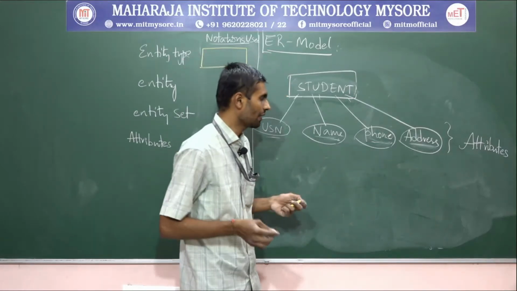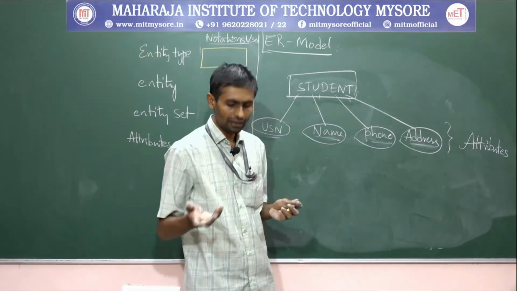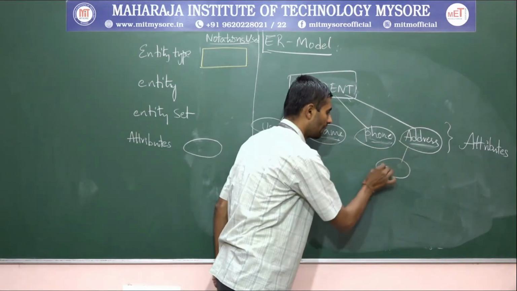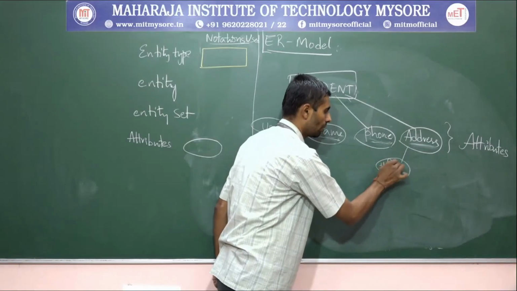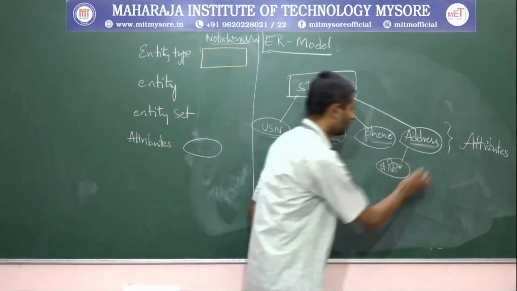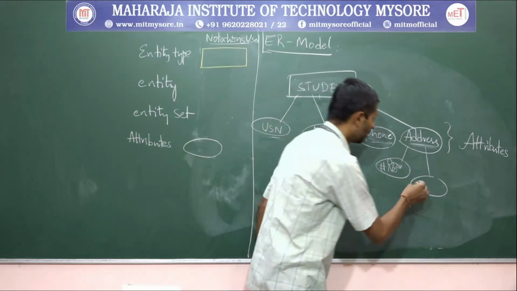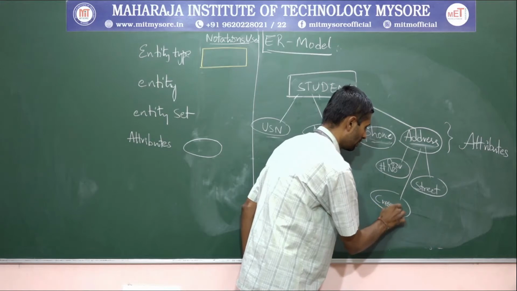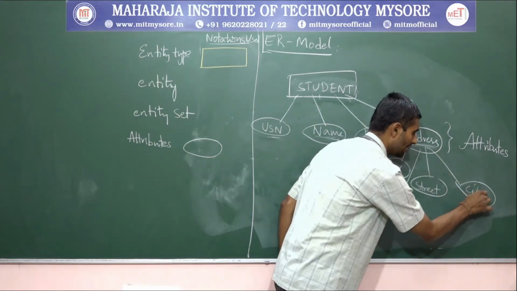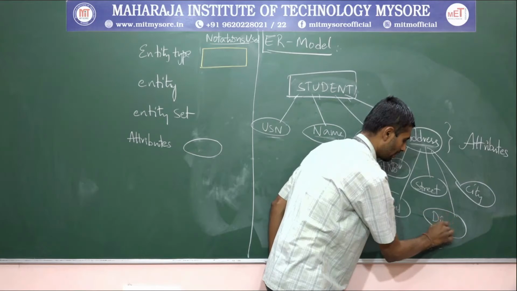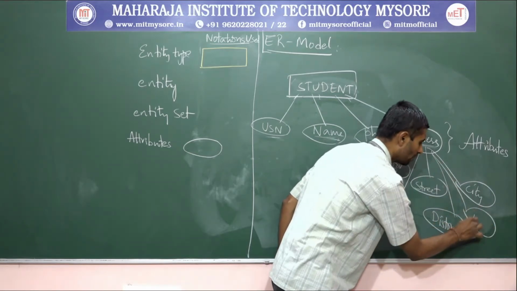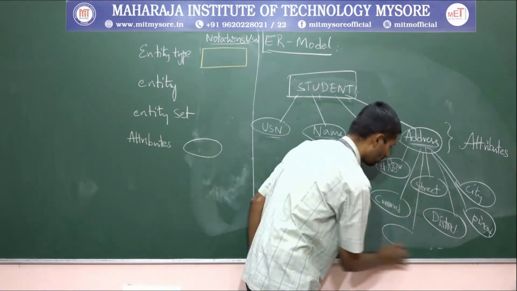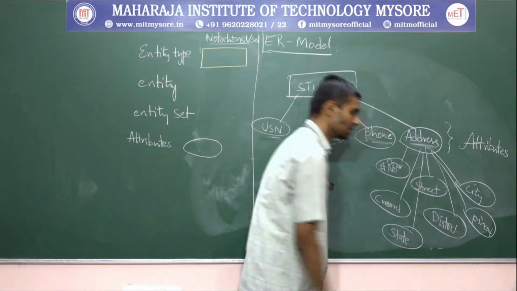And one more, for example, when I give an address column for a student, suddenly the student will say, sir, I want to write my house number, let's say door number. And a few will say, sir, I want to write the street, the cross number, the city name, district, the pin code, many other things. They want to write which state they belong to.